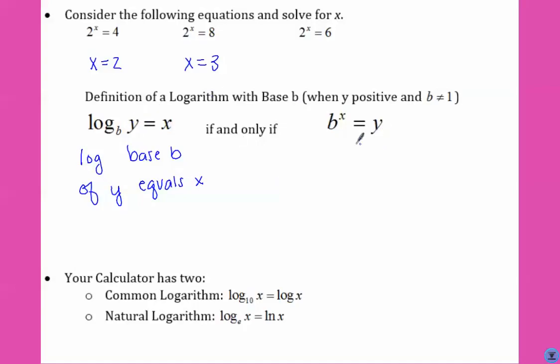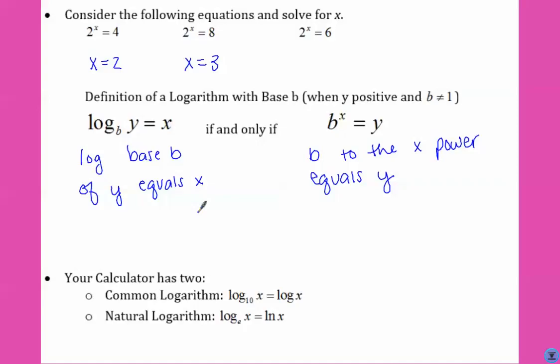And this is compared to an exponential in the fact that if it's written in this form, we can switch it to b to the x power equals y. So what happens is logarithms were created in order to help us find exponents that we don't know.